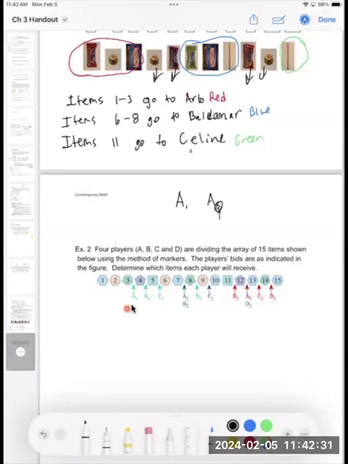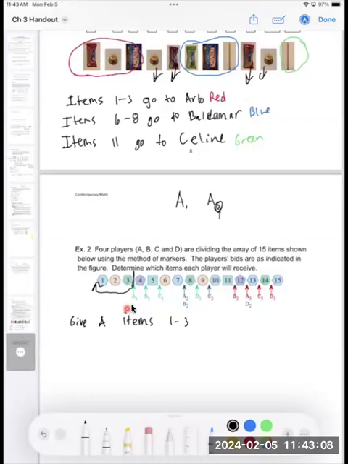So I'm going to give A1, this person A, their first share. I go backward to the beginning here. I would have gone backward to her previous marker, but I just go backward to the beginning. Okay, and so I'm going to give A her first share, which is items 1 through 3.